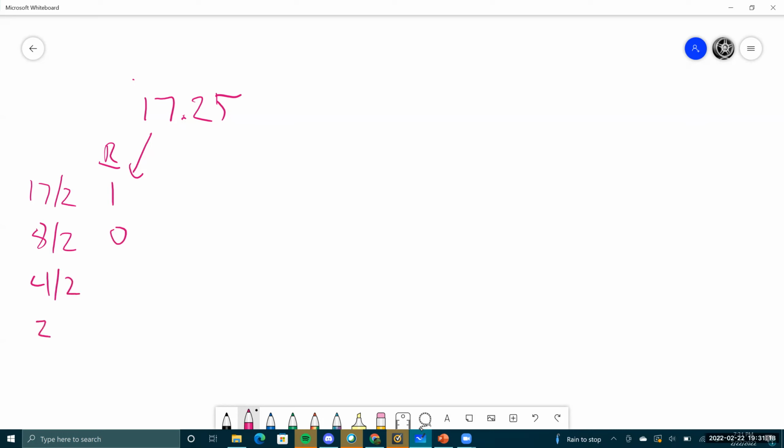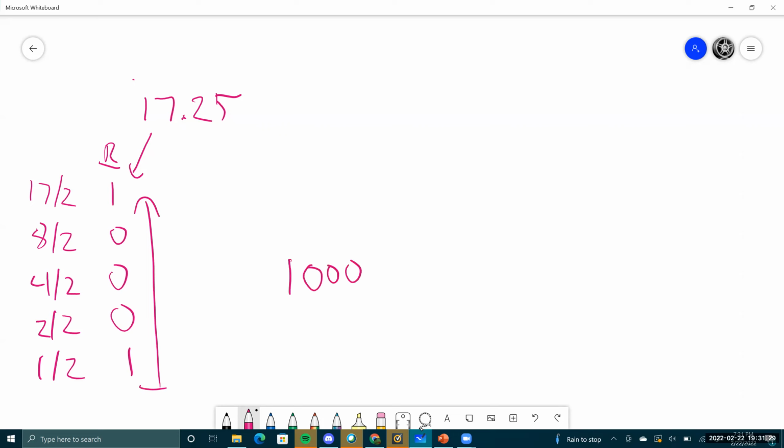Let's do, let's see, how about 17.25. So 17 divided by 2 would have a remainder of 1, and this would be 8. 8 divided by 2 will be 4 with no remainder. 4 divided by 2 is going to be 2 with no remainder. 2 divided by 2 is 1 with no remainder, and then this, okay, and from bottom up, this is 10001.